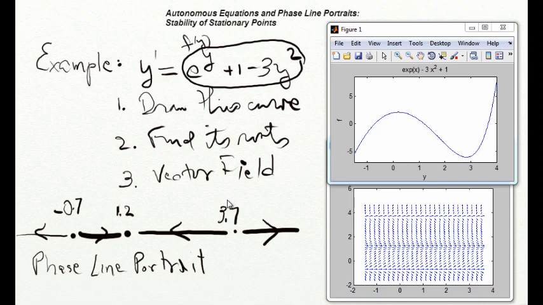I found the roots. There are the 3 of them, approximately. Here's the vector field, and finally, here's the phase portrait that summarizes what we found: the 3 stationary points, or equilibrium solutions, and the direction of the solution curves in between. Obviously, the middle one is stable, and the 2 outside ones are unstable.